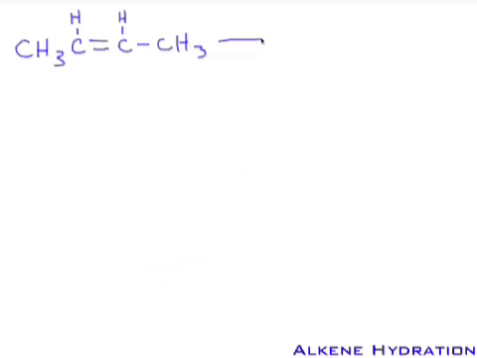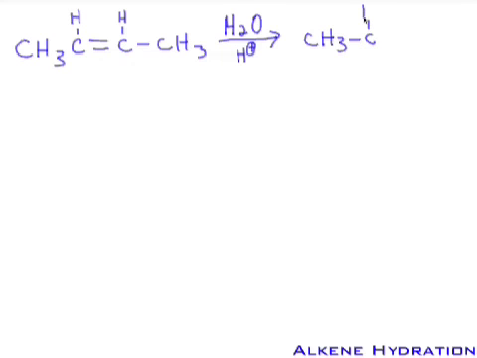If we take H2O in acid, okay, you could write H3O plus or H plus here. What happens is you add an H to one carbon and an OH to the other carbon, and you produce an alcohol.